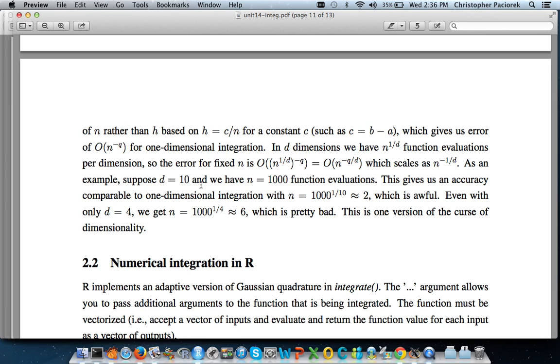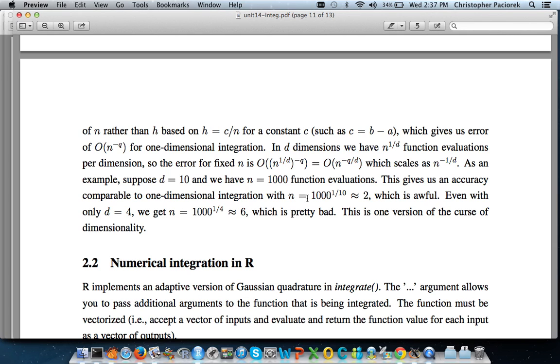Okay. So another way to think about this is just to plug in some numbers and see what we get in terms of results. Suppose d were 10 and we had 1,000 function evaluations. Well, we can think of this as being equivalent to having an n.